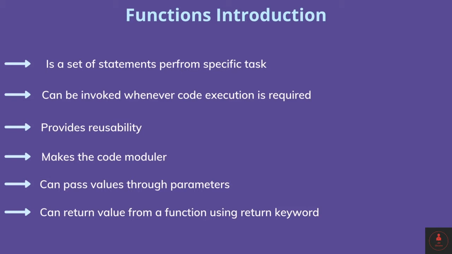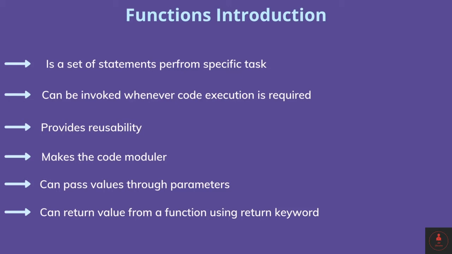Whenever I want to pass a value, I can pass it through parameters. So while defining the function, I can pass parameters as well, so that I can supply some value from the calling environment, meaning when I am invoking it. So if I want to pass some specific value, I can do that.